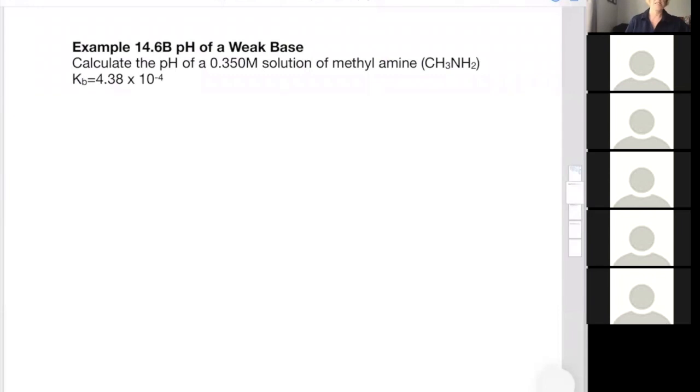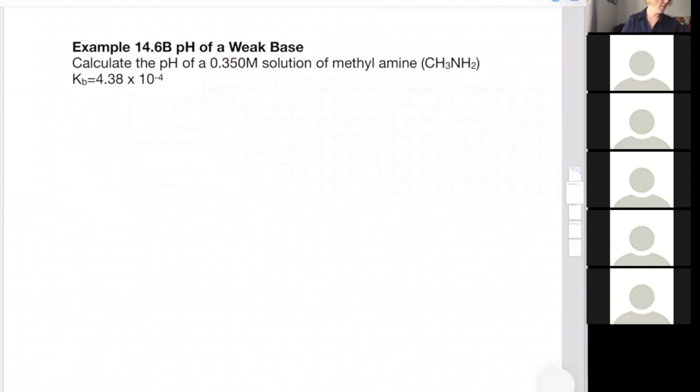So the strategy is the same for weak bases as it was for weak acids. You're going to have to do some assumptions and the 5% testing, and then the use of the quadratic equation if it fails the assumption test.